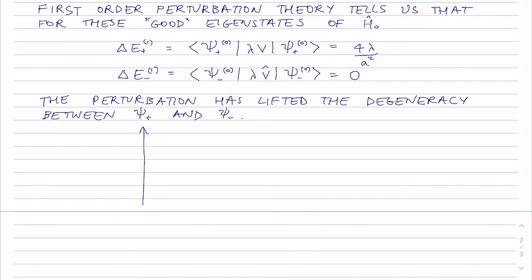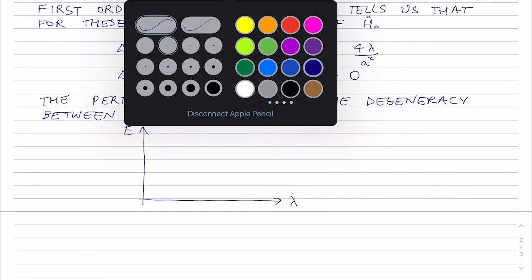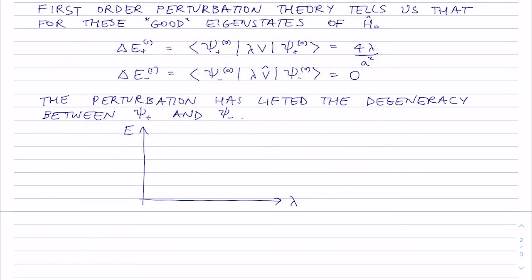In energy space, as a function of the strengthening perturbation, you have the original value here, E naught, and psi minus doesn't move as you increase lambda, but psi plus does move.